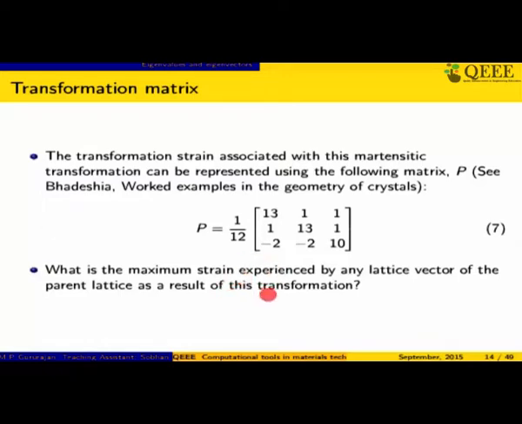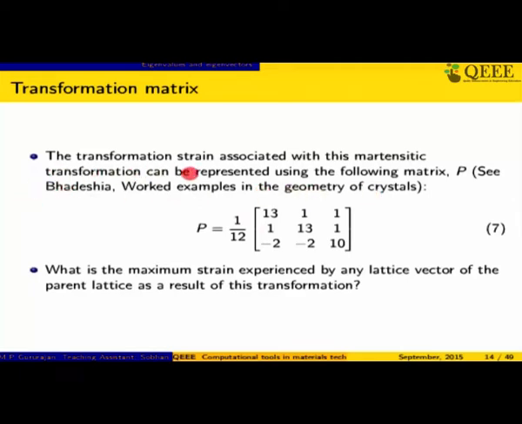Okay, and problems of this type with all this important material science information are described in great detail in a textbook which is available for free online by Bhadeshia, called Worked Examples in the Geometry of Crystals. All these problems are taken from Bhadeshia's Worked Examples in the Geometry of Crystals. So here is the reference to Bhadeshia's book.